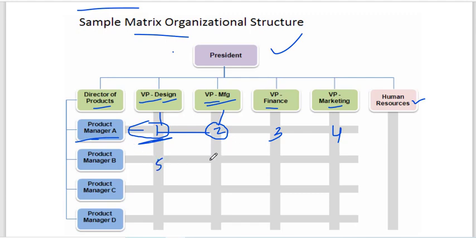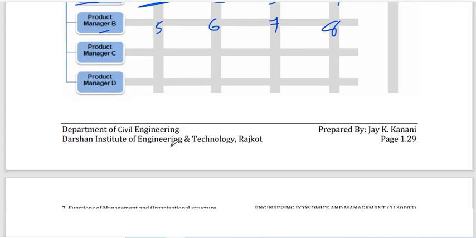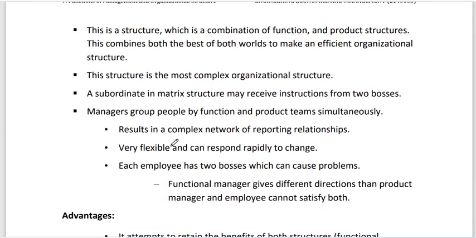So this is a somewhat complex organization of matrix structure. We have 2 bosses, vice president and product manager. Like this, so this is a sample of matrix organization structure. This structure is a combination of function.